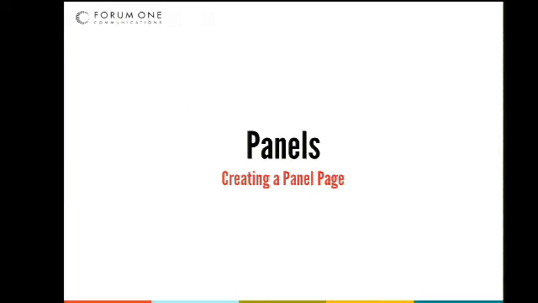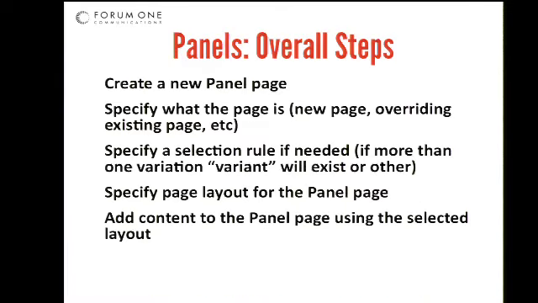All right, so we're just going to get right into actually creating a panel page. The overall steps are basically you create a new panel page. When you create that new panel page, you specify what the page is, and you could create a completely new page that has a path, or you could create a panel page that's going to override something, and we'll get into what those somethings are.